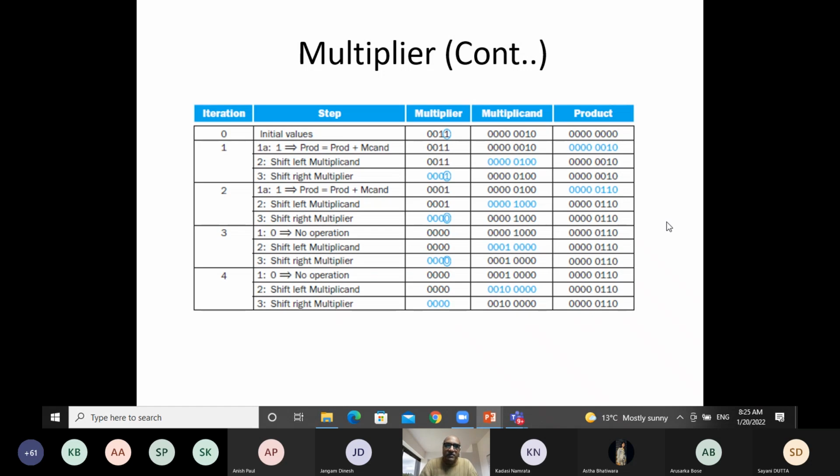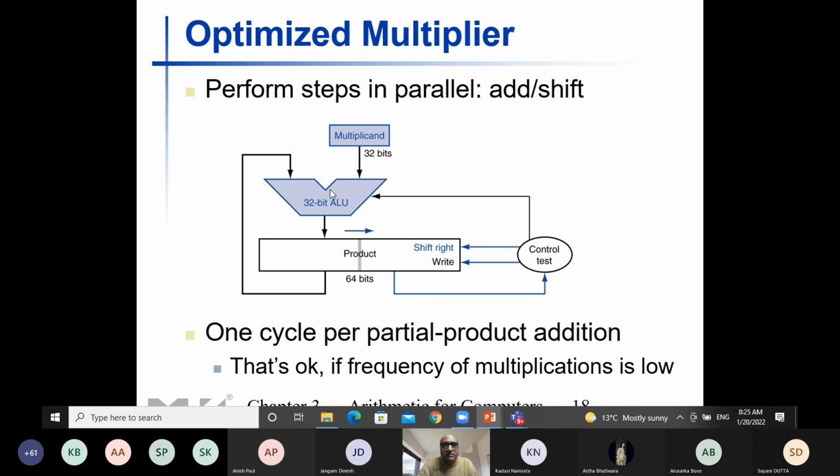If you can somehow perform all these 3 steps in parallel, then you would need about 32 or 33 cycles, and this is using a single ALU. Now suppose high density chips are available and abundant hardware is available, so you use multiple adders.